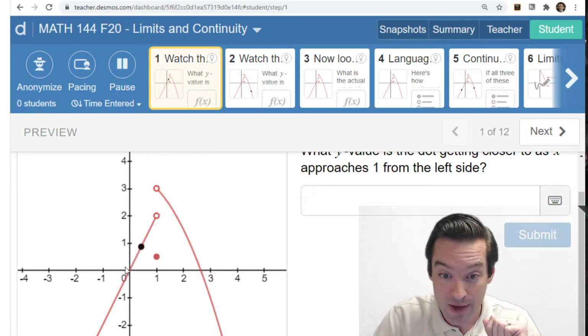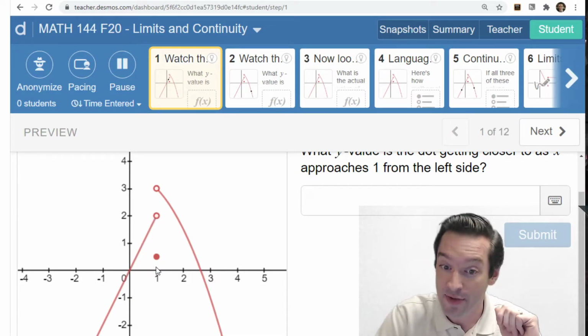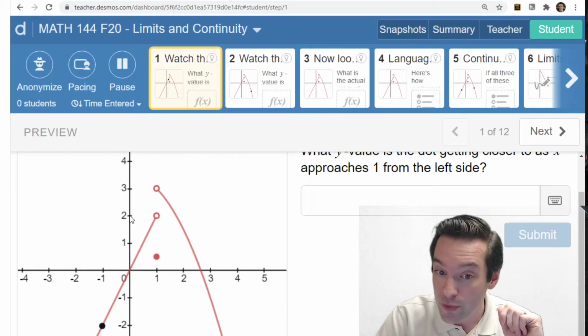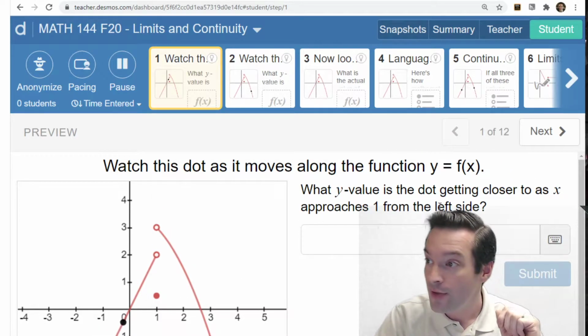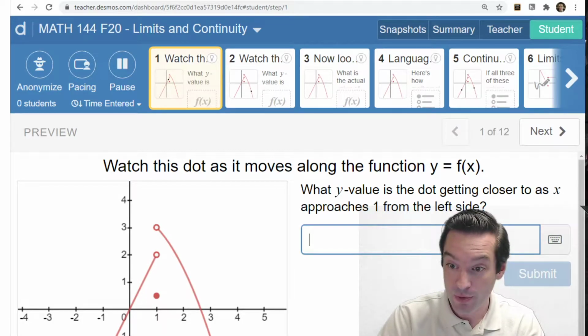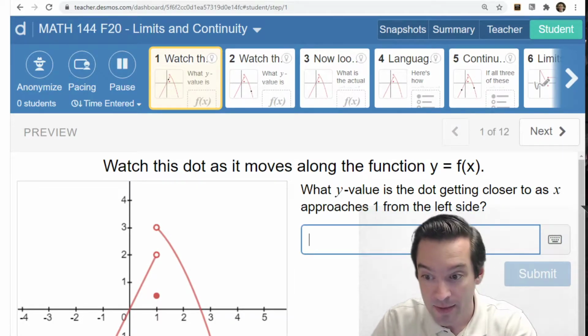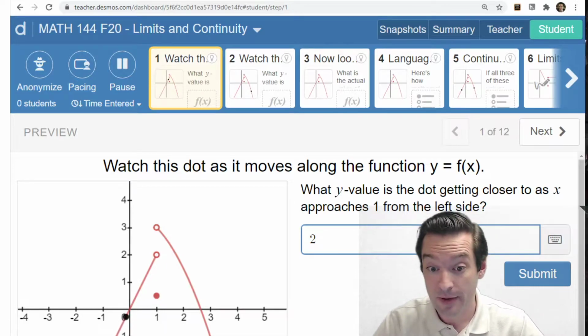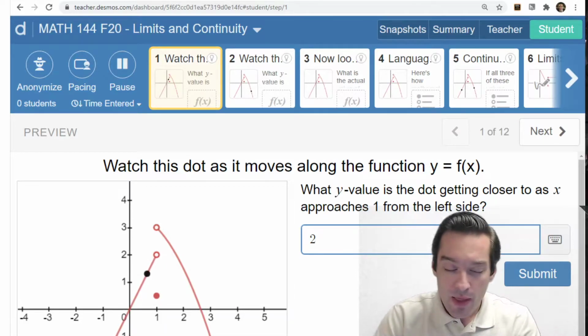From the left-hand side. So as I get closer to 1 on the x-axis on this graph, I'm getting closer to 2 on the y-axis on this graph. So if I were to answer the question, what y value is the dot getting closer to as x approaches 1 from the left side, I would say that that value is 2. So that's going to be the beginning of the discussion about limits.